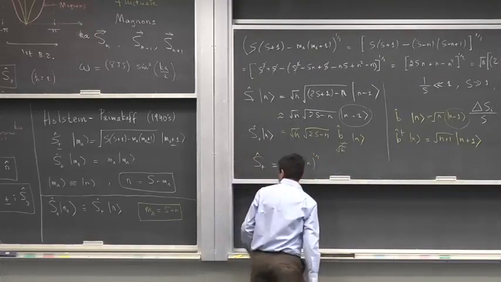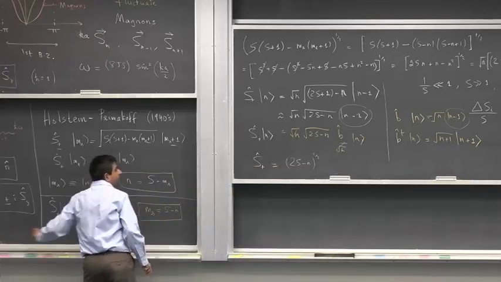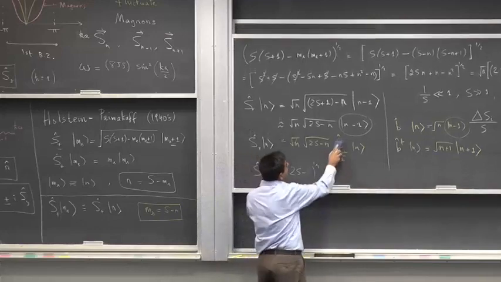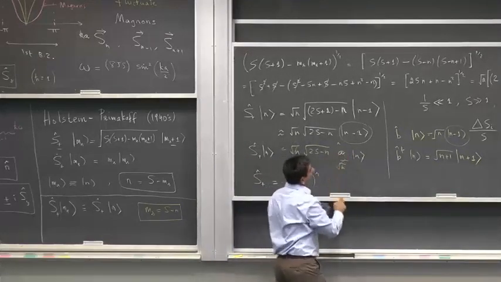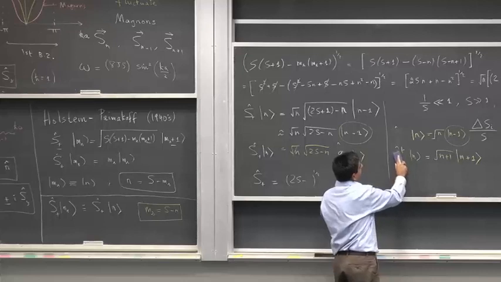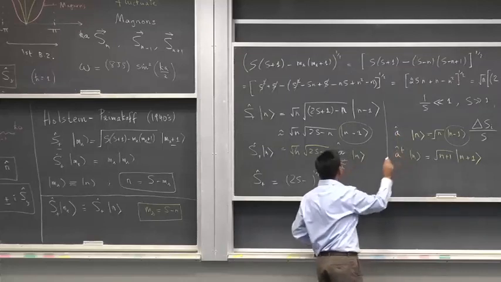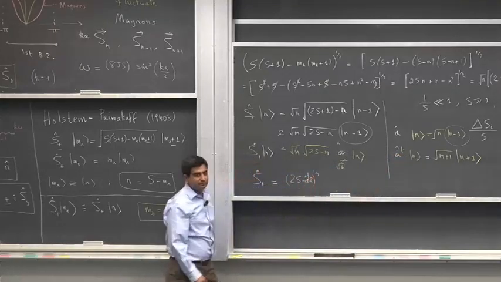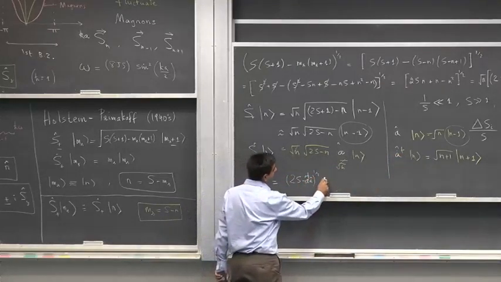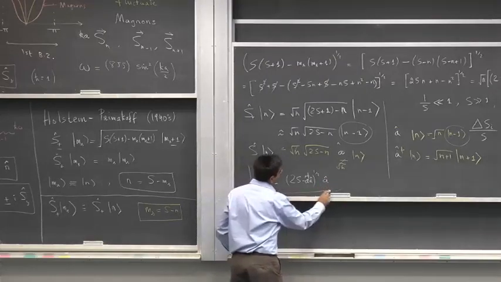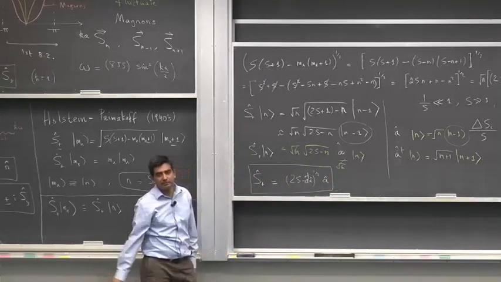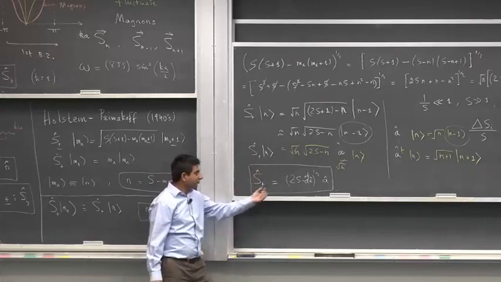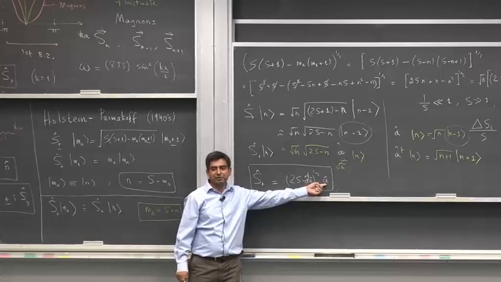Now this n could also be replaced by the creation and annihilation operators, so this is also an operator here. Let's call this a. This is a dagger a. This is one transformation. The transformation relates the spin operator to the corresponding annihilation operator.